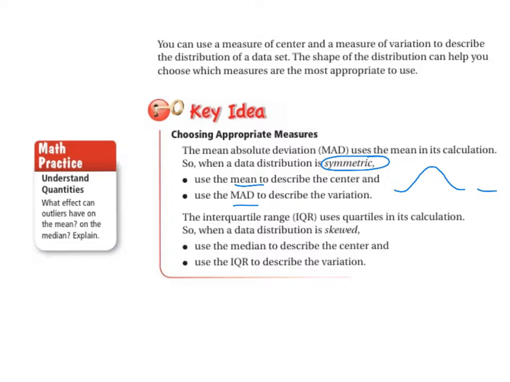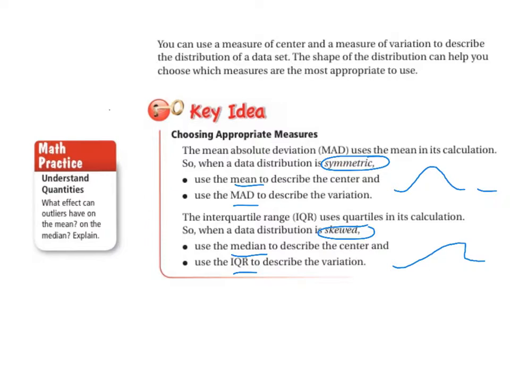The interquartile range uses quartiles in its calculation. So when the data distribution is skewed, so it goes like that, or the other direction, then you're going to use the median to describe the center and the IQR to describe the variation. Be sure you have that all copied down in your notebook.